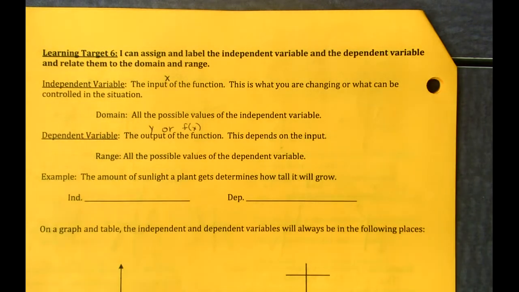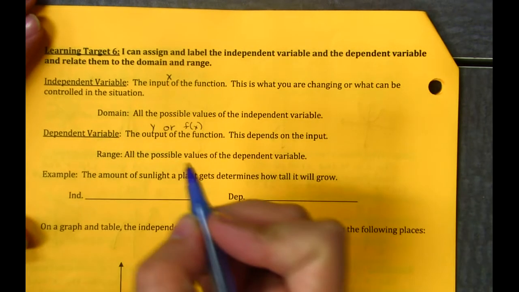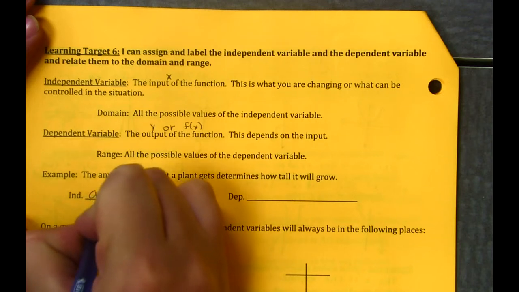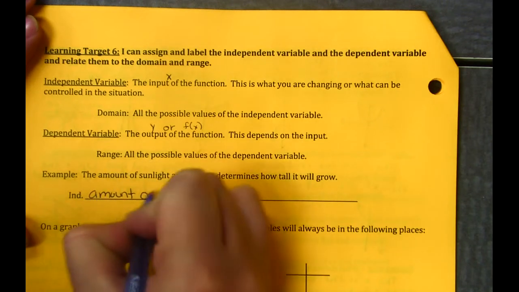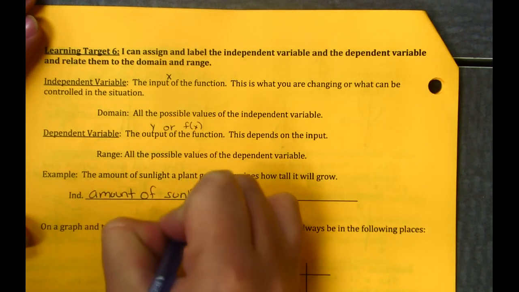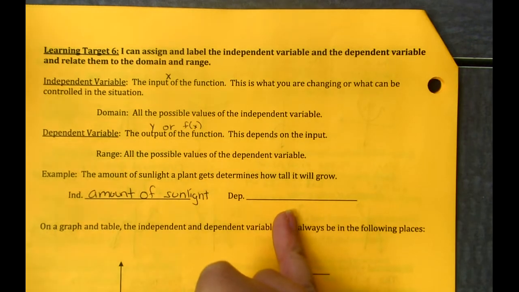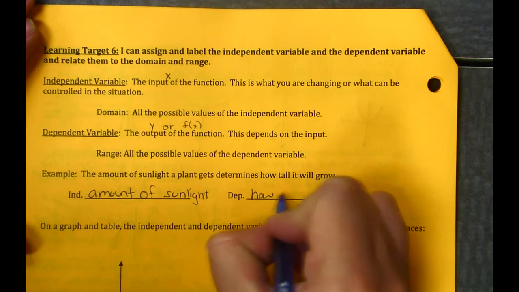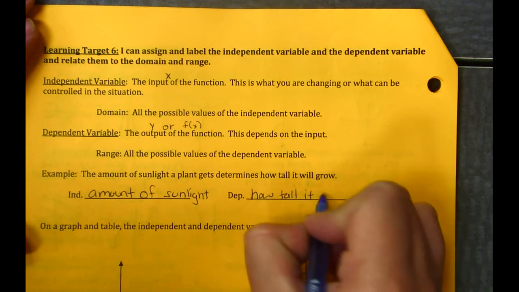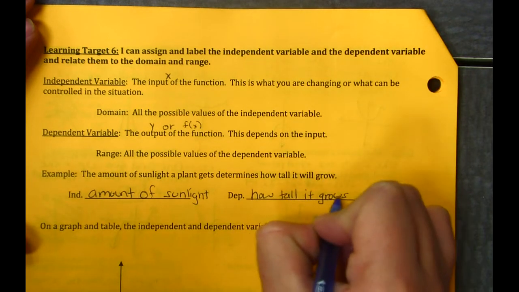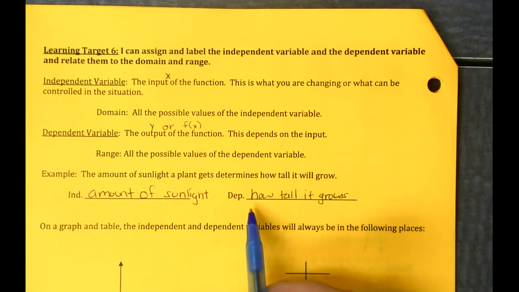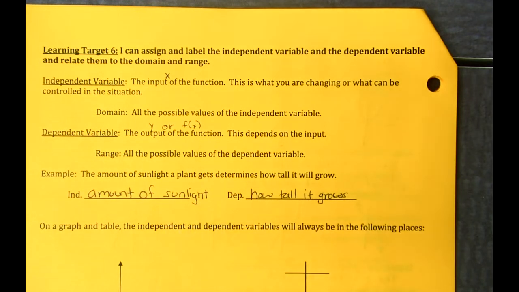So the independent variable, what you'll be plugging into the function, is amount of sunlight. That's what you would be changing. And then the height of the plant depends on that. So how tall it grows. That's the dependent variable because it depends on this.